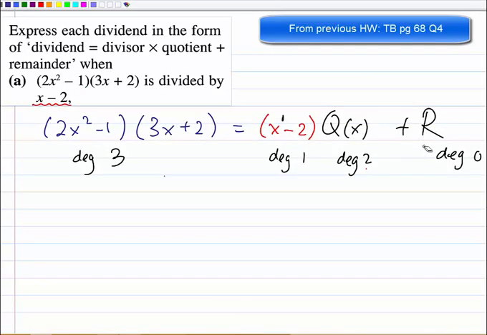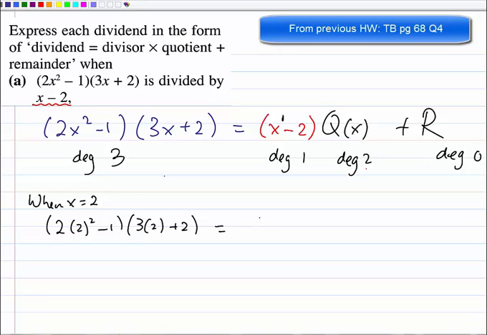Now if we just want to find the remainder r, that means we try to get rid of the quotient term and make this 0, right? So to make this 0, we let x be 2. When x equals 2, it becomes 2 times 2 squared minus 1 times 3 times 2 plus 2 equals 2 minus 2 times q of x plus r.